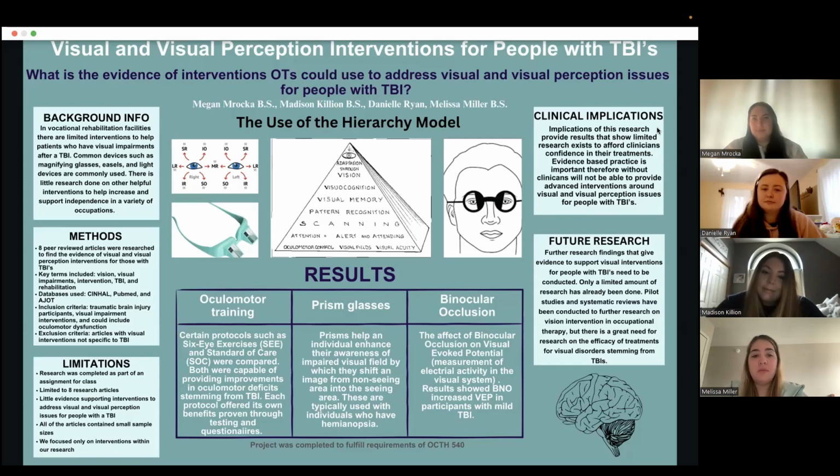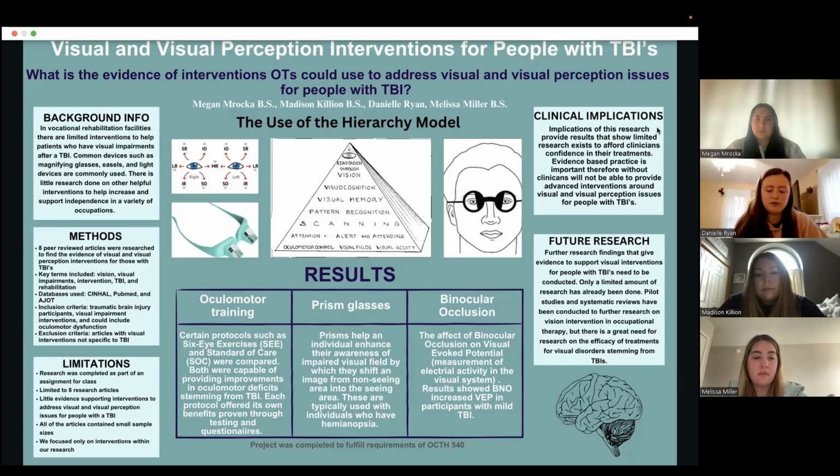Then we have prism glasses, which will help an individual enhance their awareness of their impaired visual field, by which they're going to shift an image from a non-seen area into a seen area. And this is typically used with people who have hemianopsia. And then the last one we have is binocular occlusion.